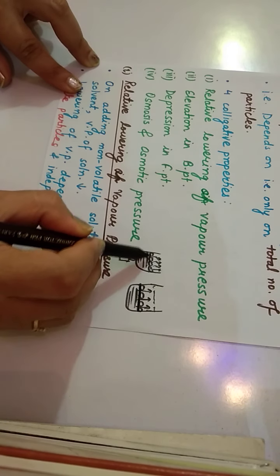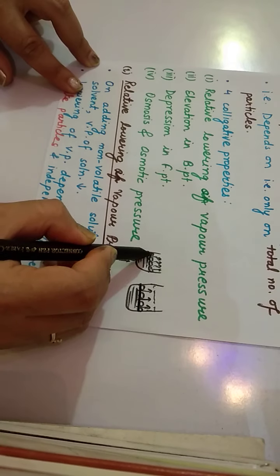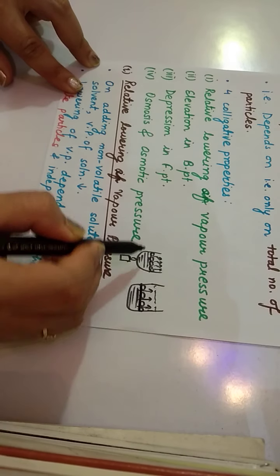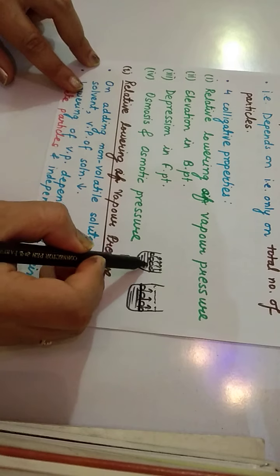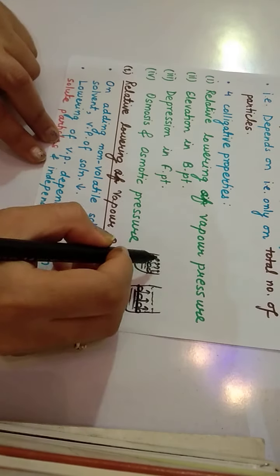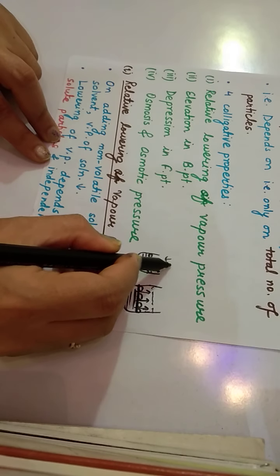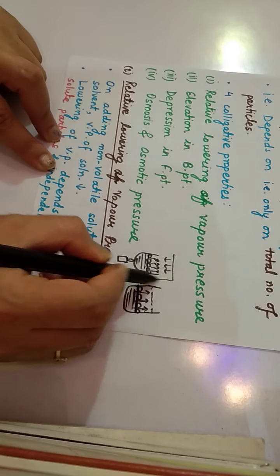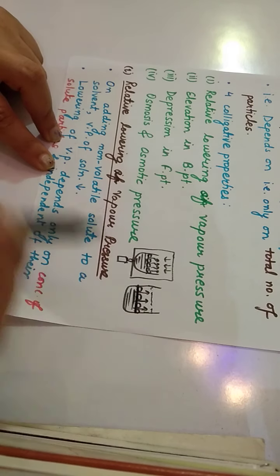Children, more the number of solvent molecules, more they will vaporize, more vapors are formed. जितने ज़्यादा solvent के molecules होंगे उतने ही ज़्यादा वेपर फॉर्म होंगे, और जितने ज़्यादा वेपर फॉर्म होंगे उतना ही ज़्यादा उनका वेपर प्रेशर होगा.